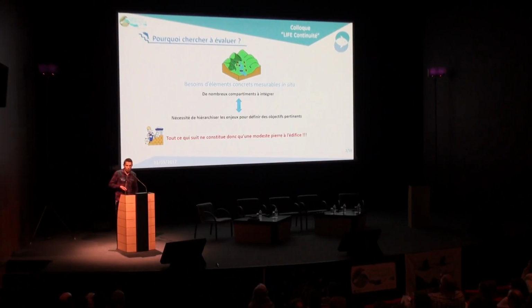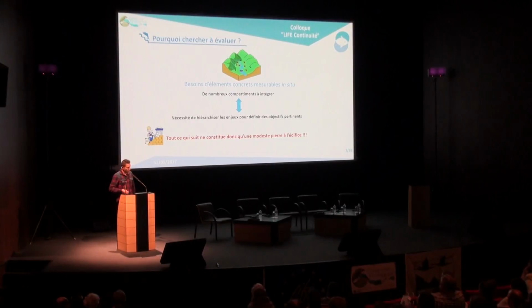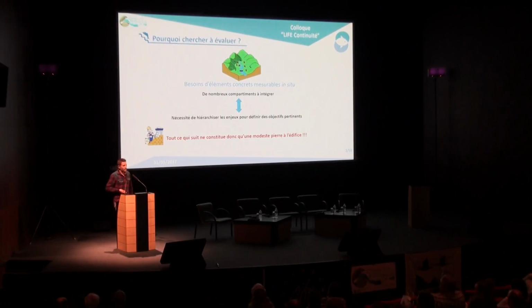This becomes complicated because around ecological continuity, there are different compartments, different segments we need to assess. And as you all know, to get some knowledge on all these compartments, we need a lot of funds.